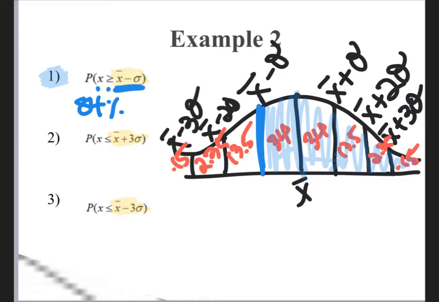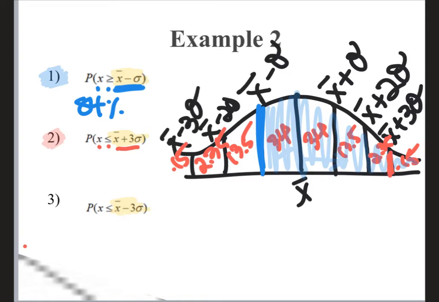Okay? Let's do number 2. Number 2. You are trying to find X values that are less than or equal to the mean plus 3 standard deviation. So I'm going to find the mean plus 3 standard deviation, which is here. And I need X values that are less than or equal to. So less than or equal to is everything to the left.